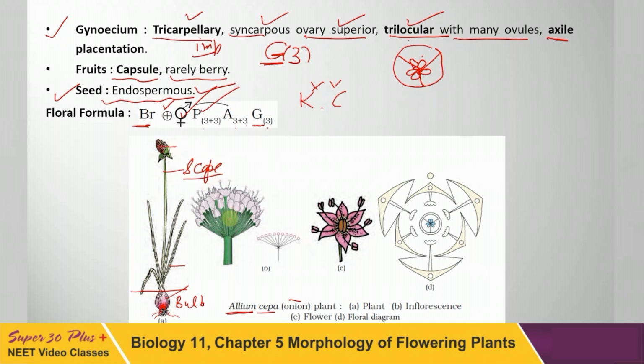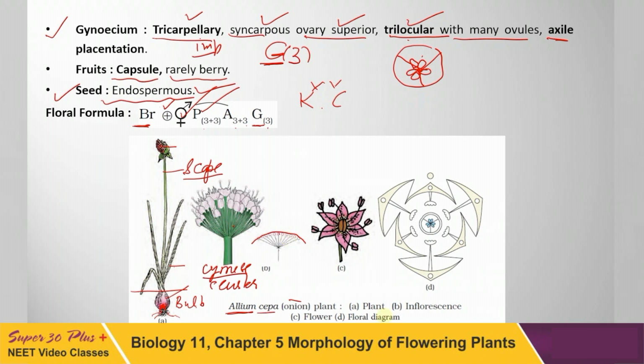This is the umbellate cyme, a cymose inflorescence, with many flowers in a cluster. This is a cluster of flowers like this. This is the central flower, and the stalks of all the flowers are arranged in such a way that all the flowers come to one level, known as an umbrella-like inflorescence.